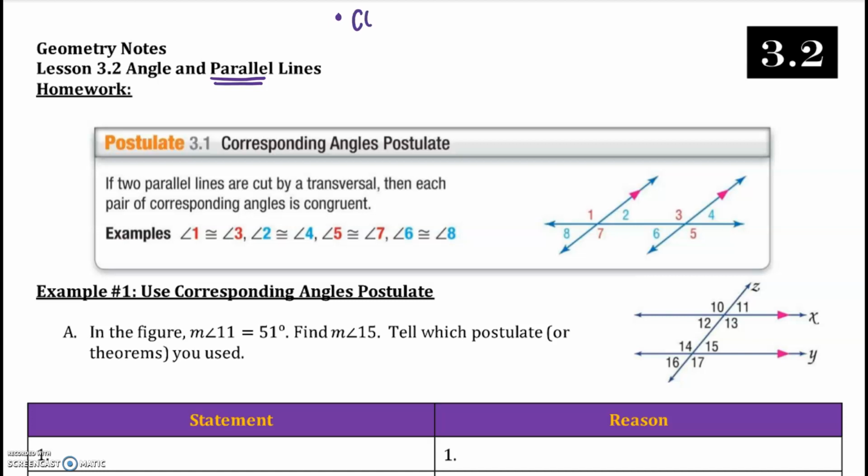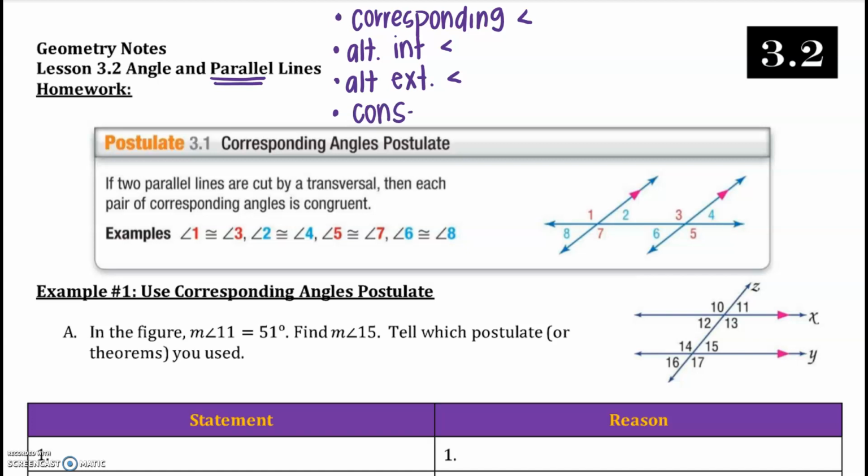Remember the 4, we have corresponding angles, we have alternate interior angles, we have alternate exterior angles, and we have same side interior or consecutive.